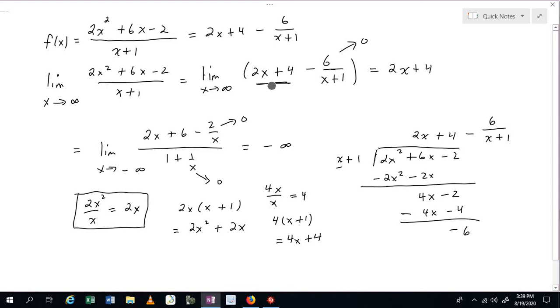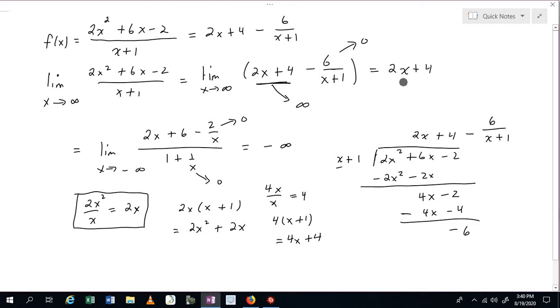You could say that this is heading towards infinity minus a number that's getting closer to 0, which means this is heading towards infinity. That is a macroscopic view of what's happening. But if you want a very detailed, precise view of what's happening, it's getting closer to 2x plus 4 minus a really small number.